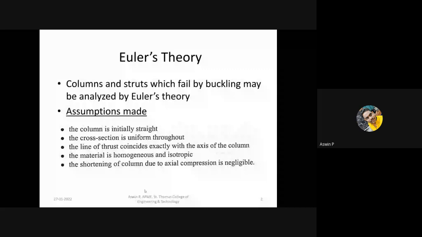First point: the column is initially straight.